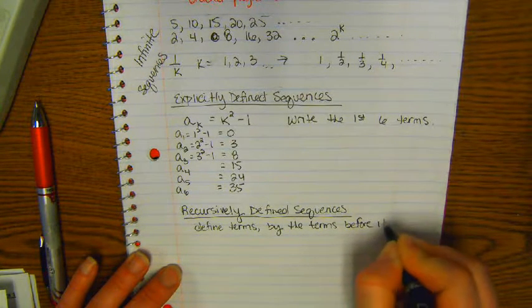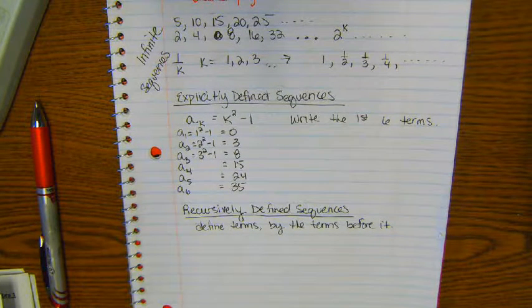We define terms by the terms before it. And what I mean by that is, typically, it doesn't have to be the term right before. It could be the term two before it, but we are just saying, hey, this is where we're going to start, and then we're going to move on from there. And so this is how a recursive sequence looks.